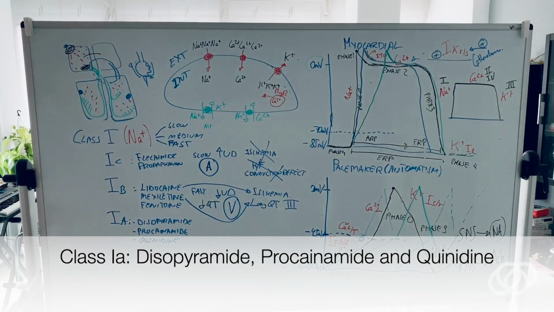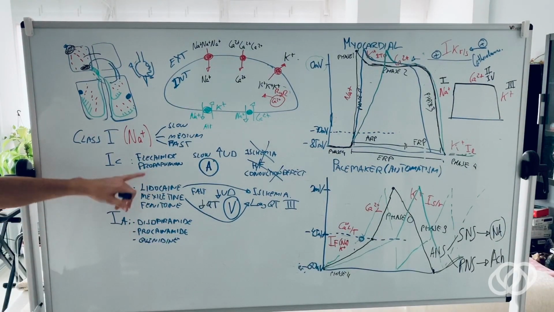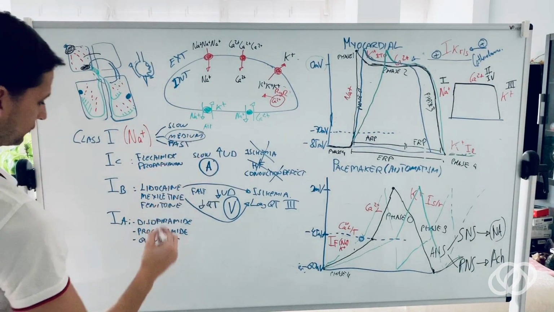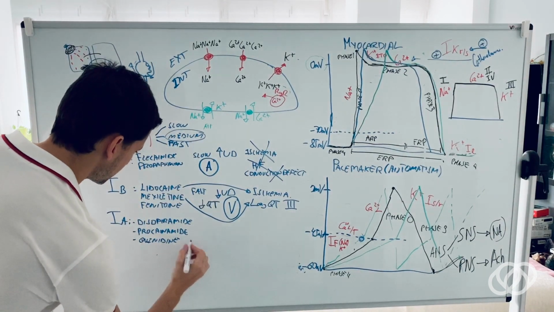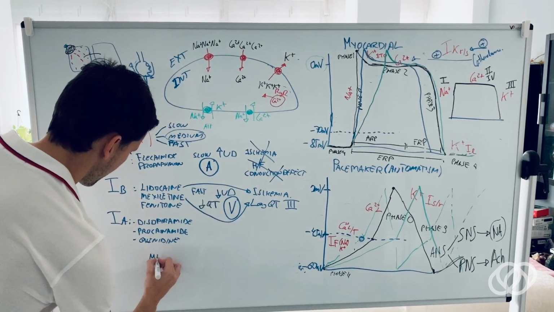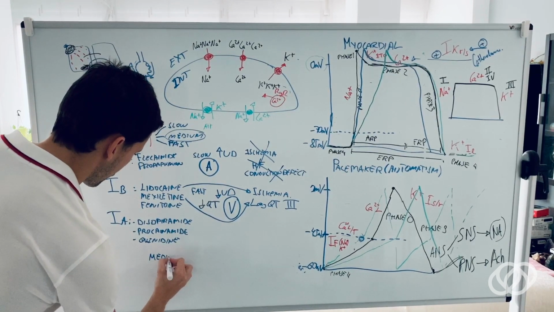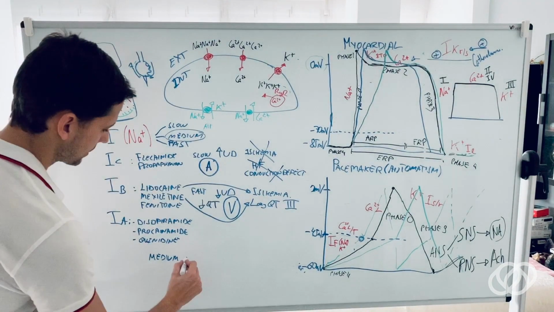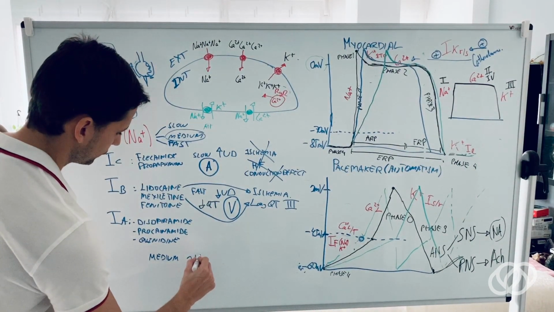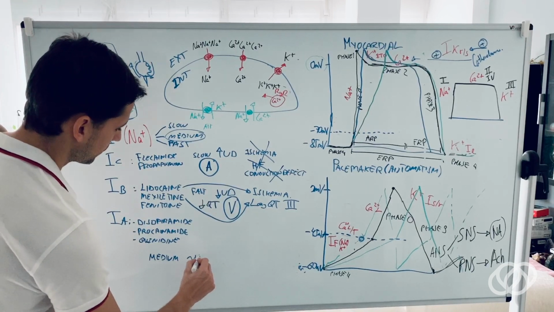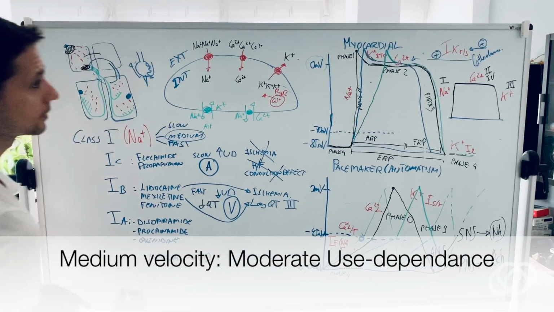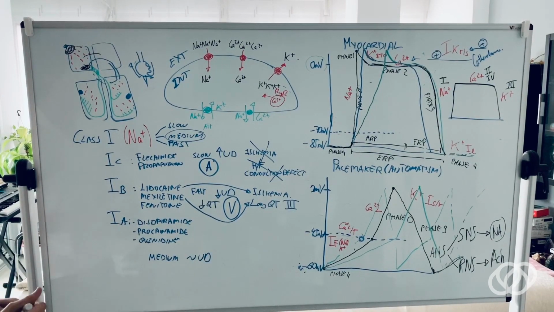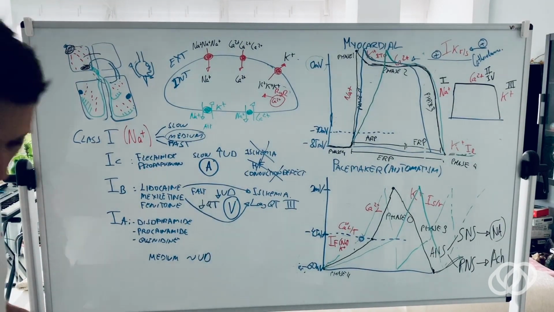In this case, because they are in the middle of those two, the velocity is medium. That means that the use dependence of the drug is also in the middle of the way, and they also prolong the QT.